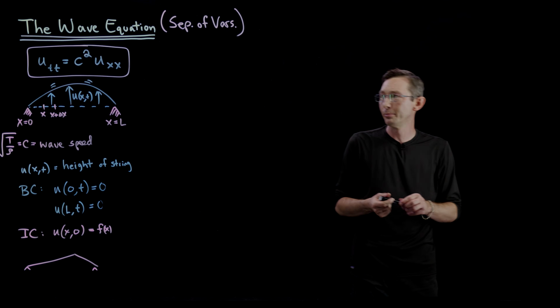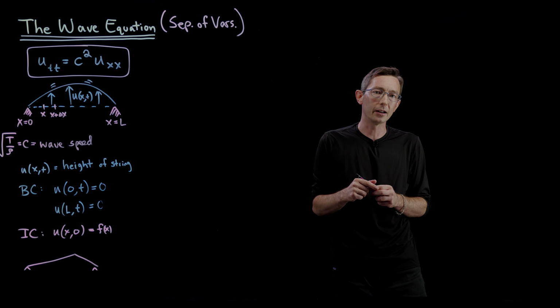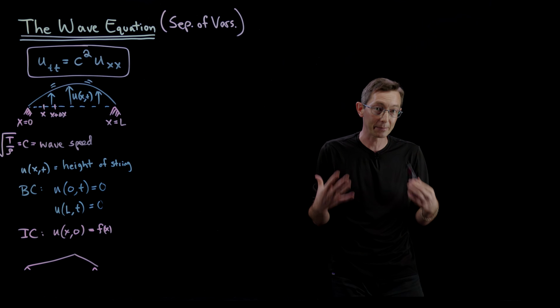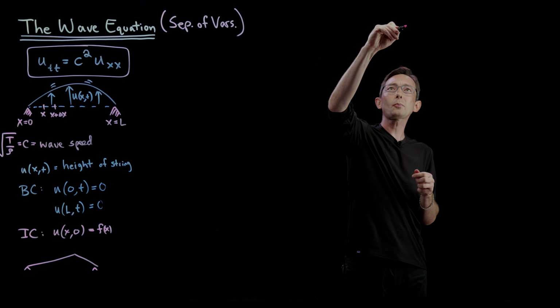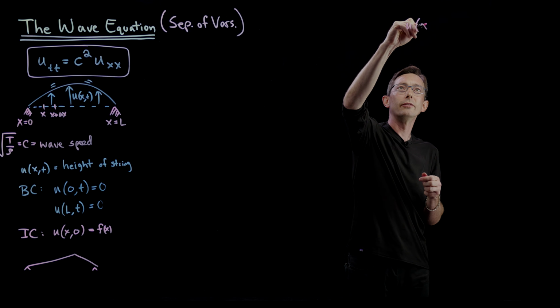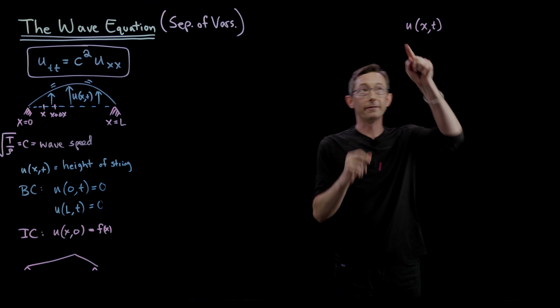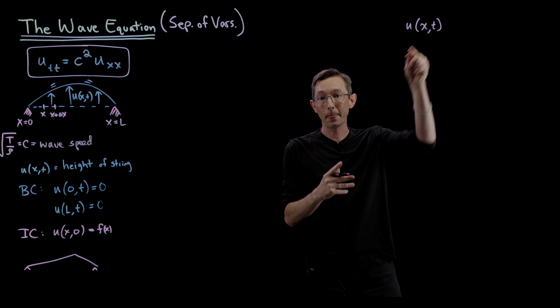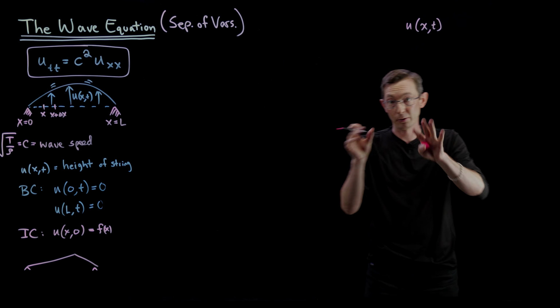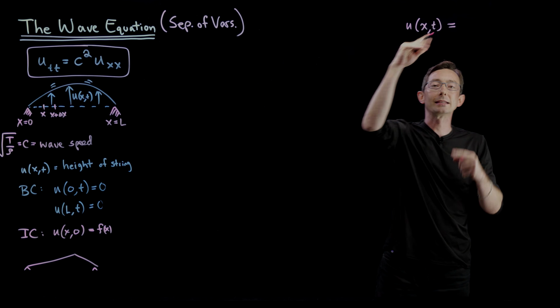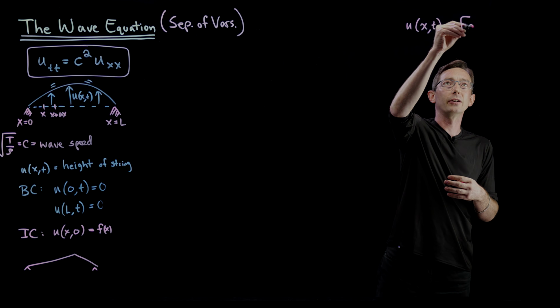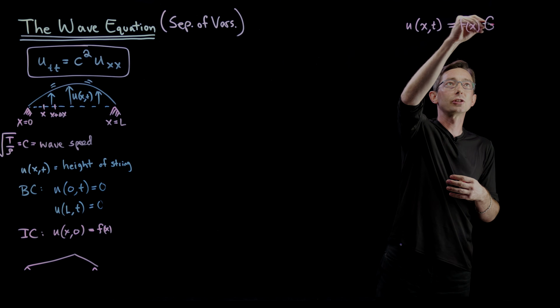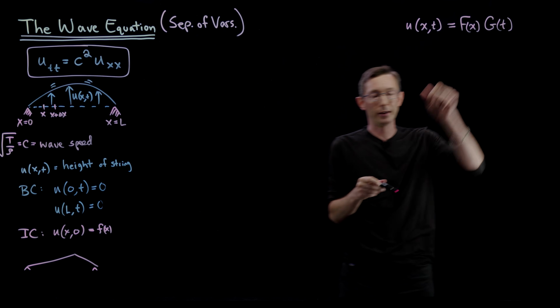So I'm going to jump in. Our separation of variables assumption, the basic assumption here, is that u of x and t, my function of space and time, is separable, which means that I can write this as a product of a function just of x, f of x, times a function g that's just a function of time.